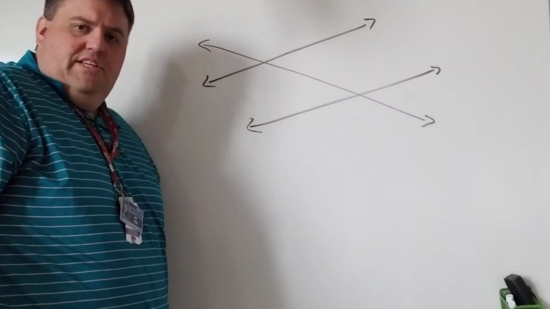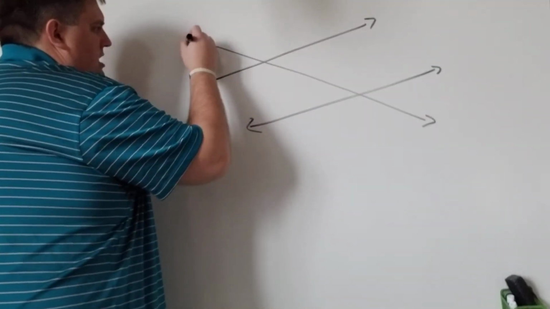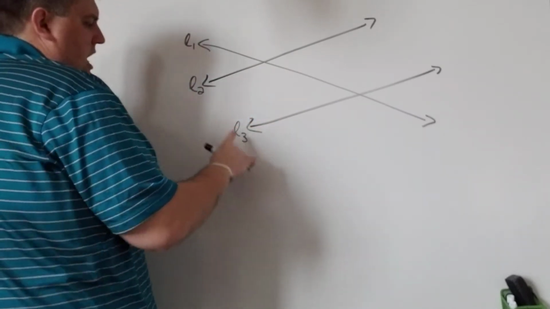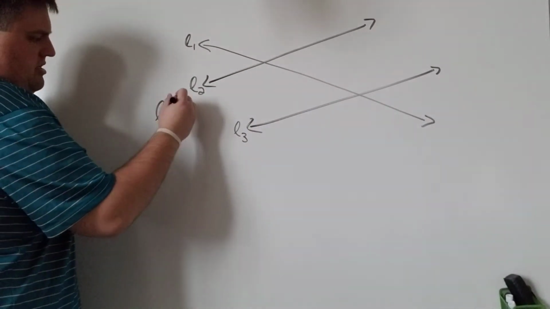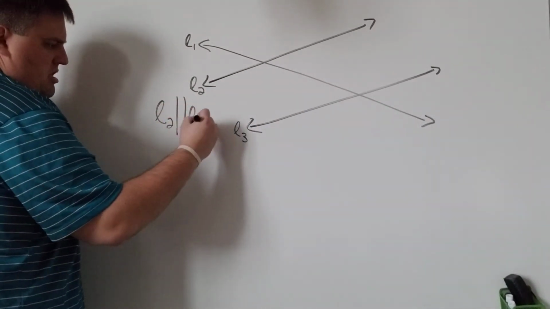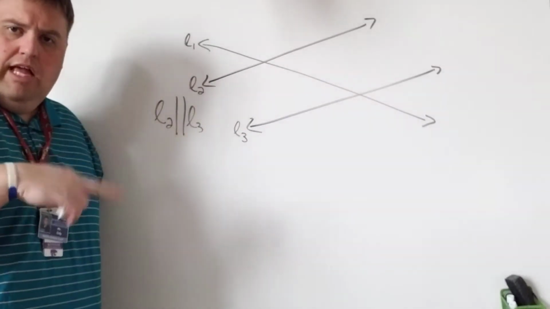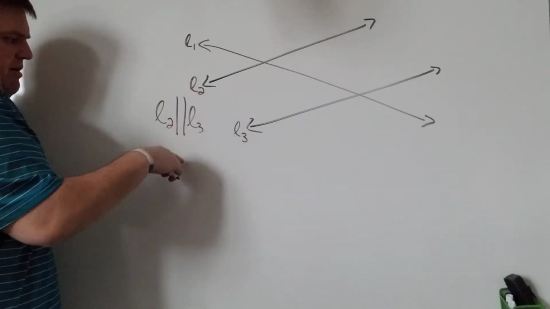So when we have this situation, maybe we know something like, label our lines here. Line 2 is parallel to line 3. When you see two L's like that, that means parallel. Okay, so line 2 is parallel to line 3.